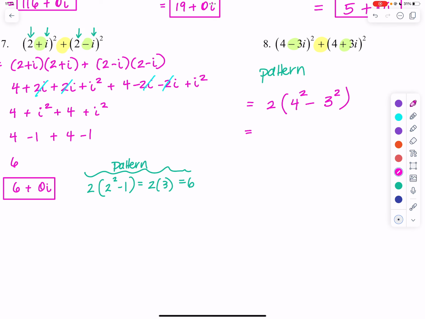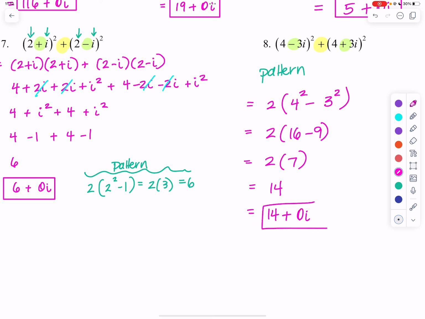So here we would have 2 times 16 minus 9. And we have 2 times 7. That's equal to 14, which is 14 plus 0i.